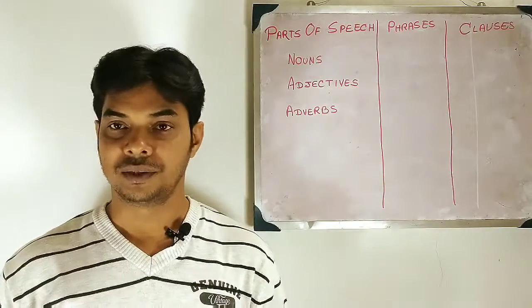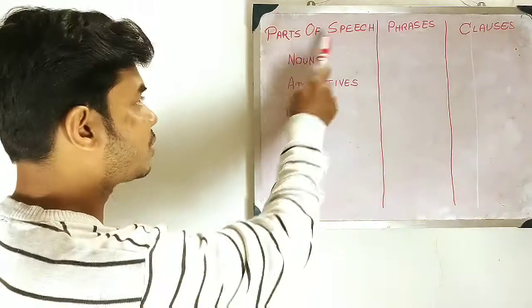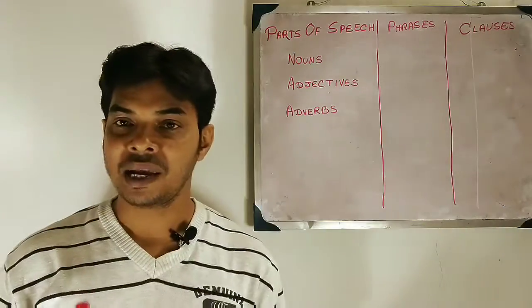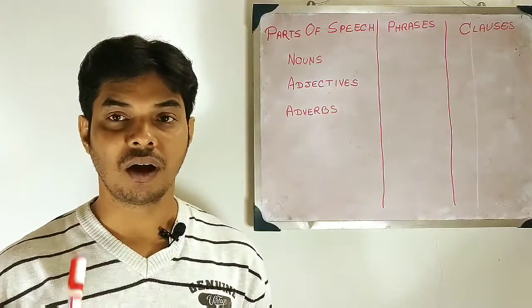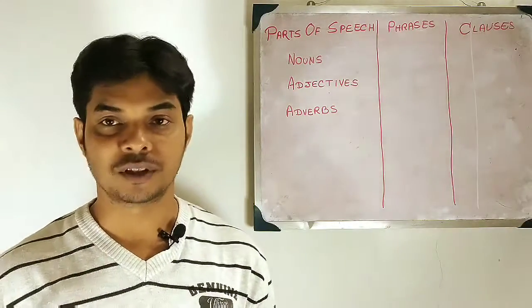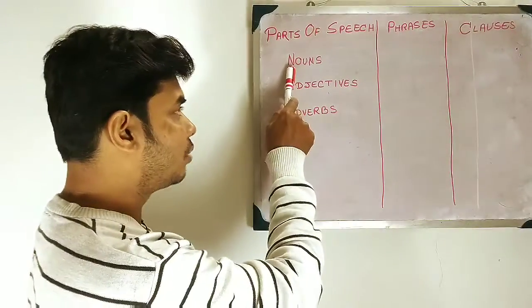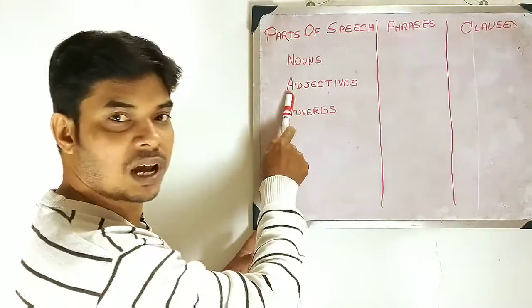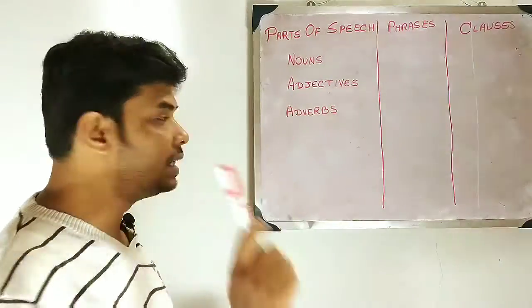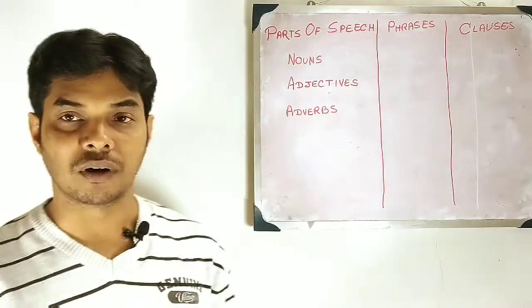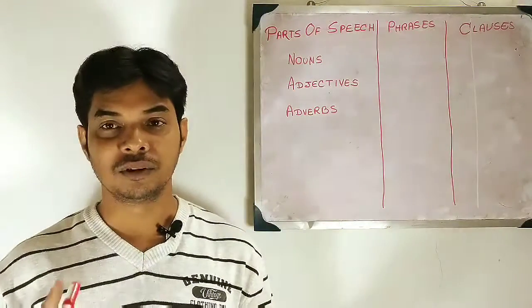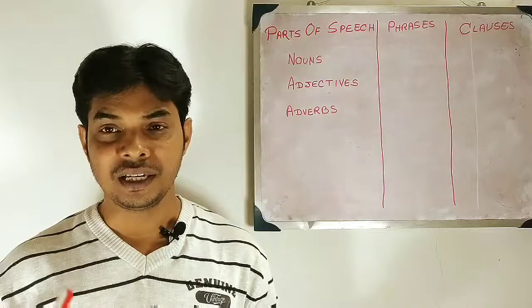Here I have written parts of speech, and I have focused only on three components of parts of speech, and they are nouns, adjectives, and adverbs. Only these three things I have focused on. Why? You'd get it very easily.